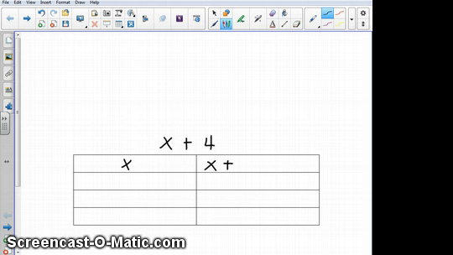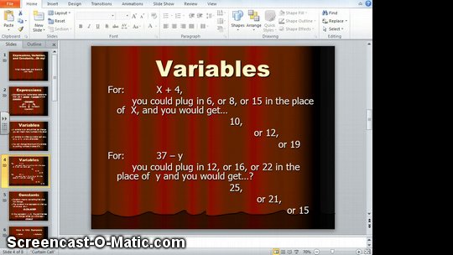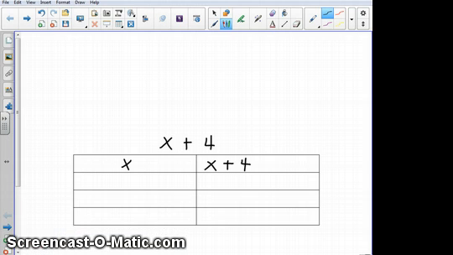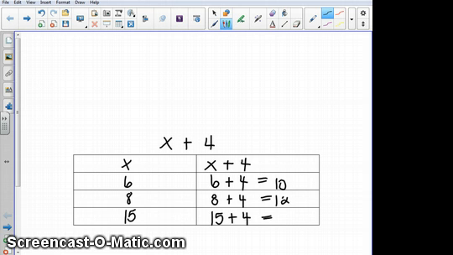And we're going to write the expression over on this side. If we had 6, 8, and 15, so if we're going to put 6, 8, and 15 in place of X, that would mean we would have 6 plus 4, 8 plus 4, 15 plus 4, and that would mean we have 10, 12, and 19.